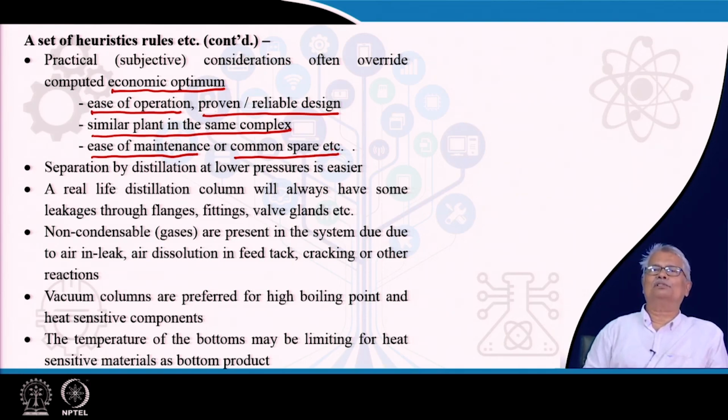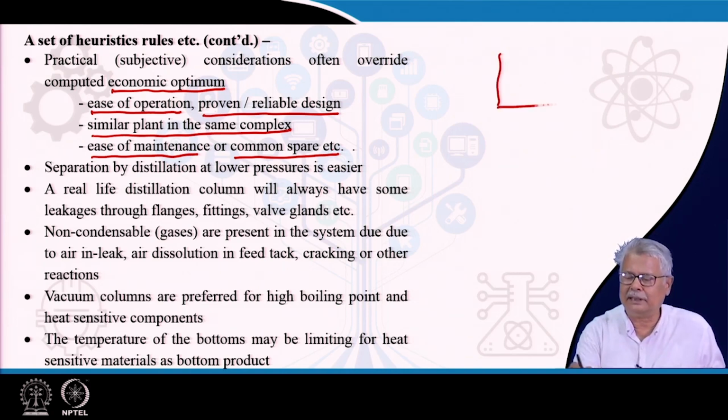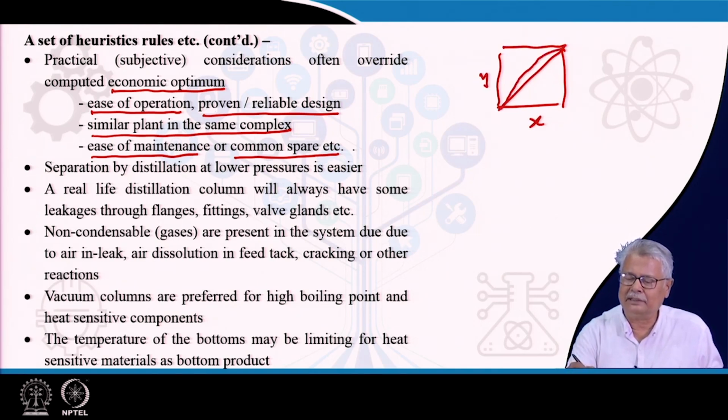The thumb rule also tells us, which is again too obvious, the separation by distillation at a lower pressure is easier. Yes, it's true. It's always true that since the XY diagram, here if I have X and if we have Y, and this is my 45-degree line, at lower pressure it is this, and as pressure increases it goes further away.